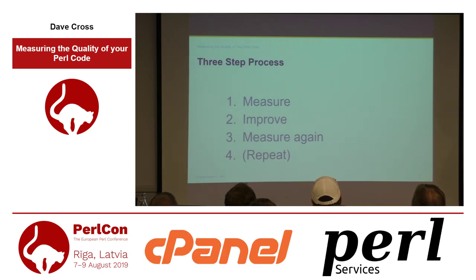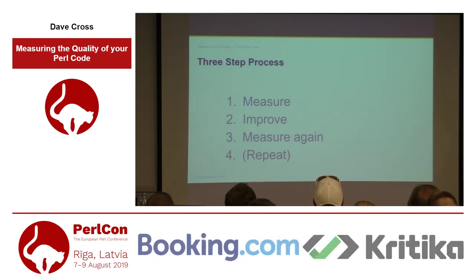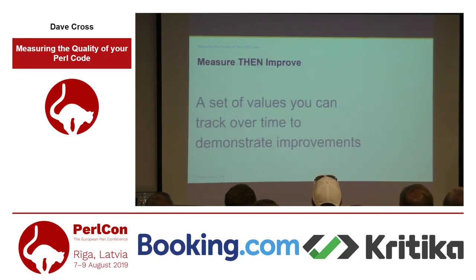So it's a three-step process: measure, improve, measure again, repeat, four-step process, six-step process. It's a process with steps. Yes, it's an iterative process, that's probably what I meant to say. So we're looking at measuring, then improving.